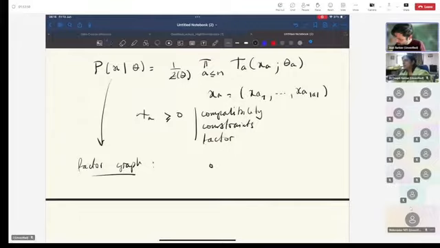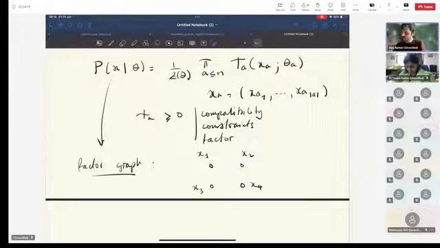I would place a node for every variable, so this would be x, that enters my probability distribution. And each time in this distribution there is a factor, a function that depends on a certain subset of these variables, of these nodes, then I draw a box and I connect these nodes to this box.